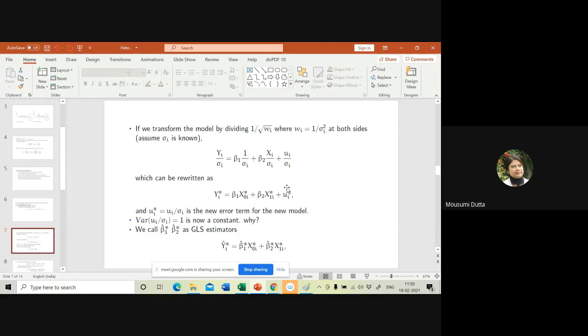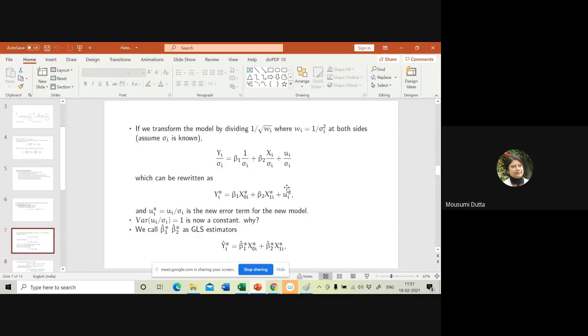So instead of omega inverse, I am considering sigma i square and taking 1 by sigma i square. I hope you are understanding. Conceptually, I am doing the same thing. I'm considering 1 upon sigma i square, and in case of matrix algebra, when I presented GLS, I considered omega inverse.